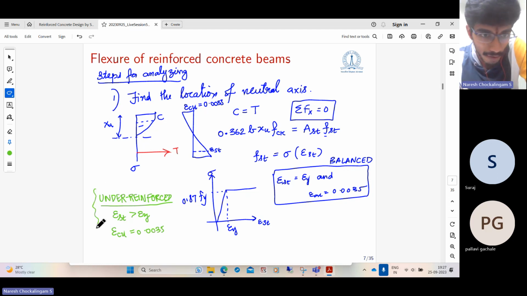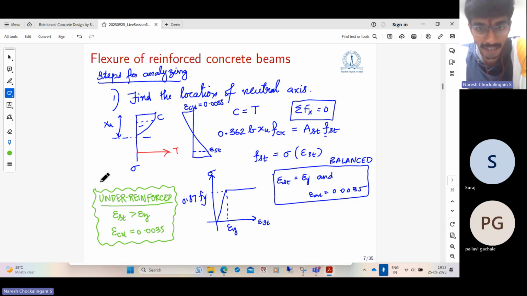This is the most preferable combination. Why? Because steel is a ductile material. Even if the strain exceeds the yield strain, it is not going to break. The reinforcing bar will elongate continuously. So it will give enough warning signs before the structure fails. So under reinforced sections are always preferable.